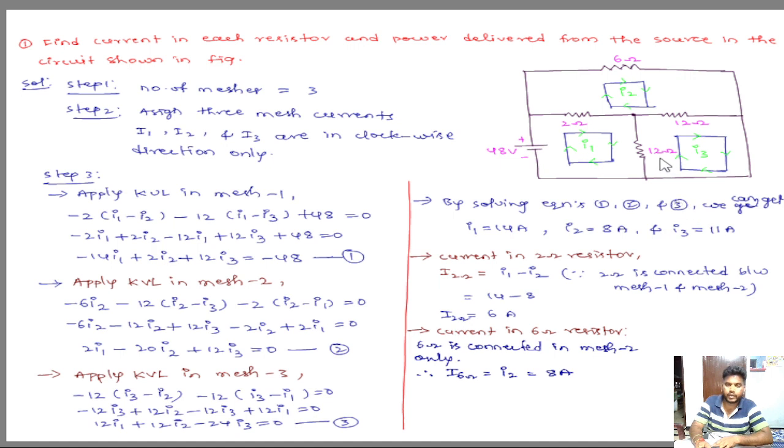Next, find the current in the 12 ohm resistor.